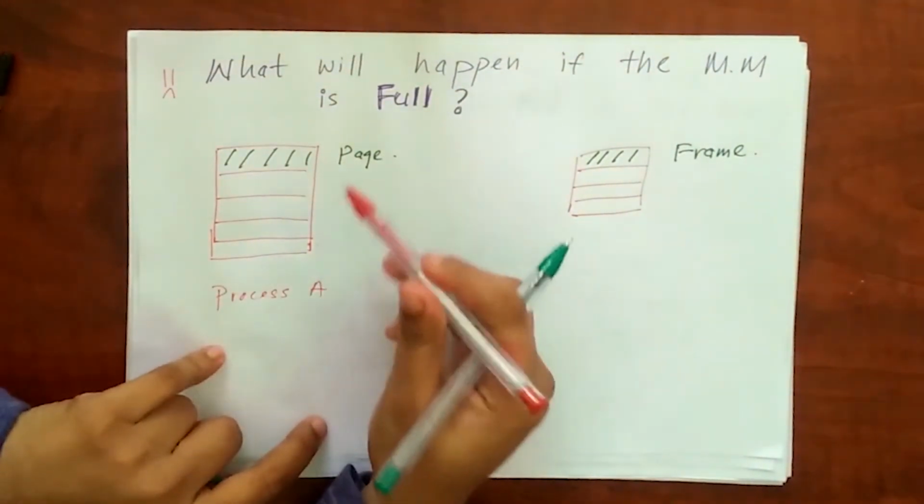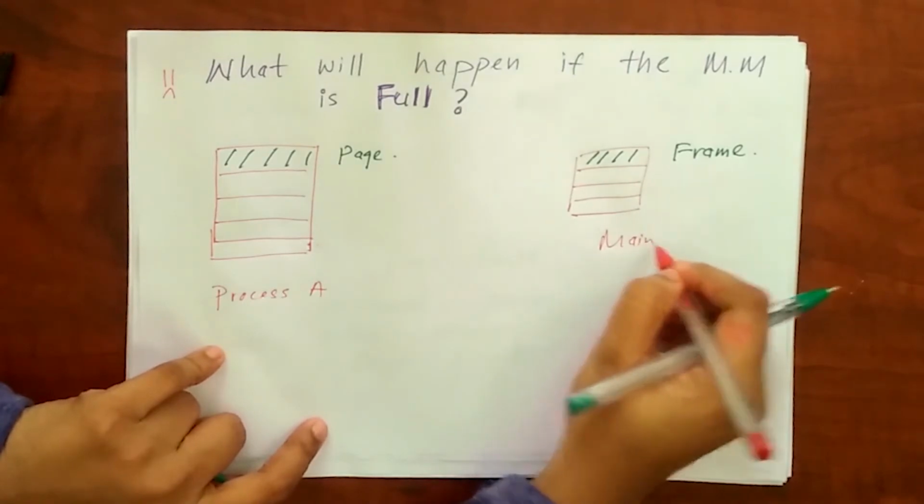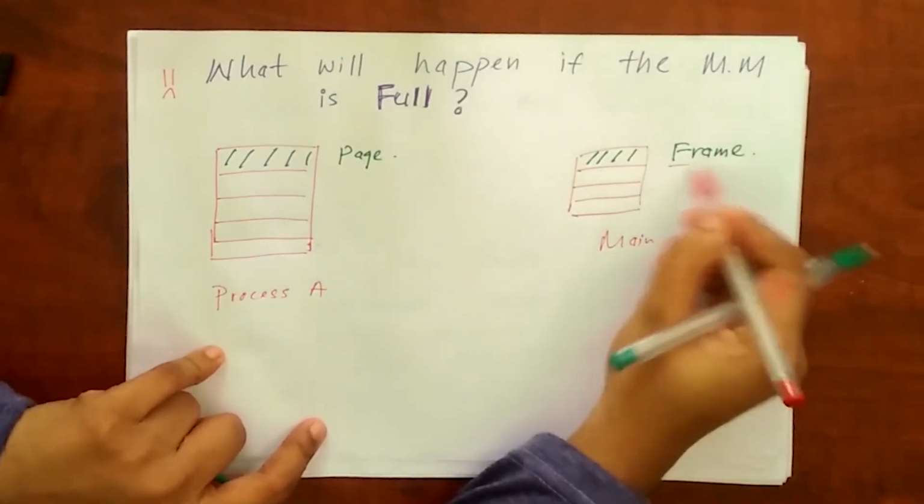In a process, it is a page, and in the main memory, it is a frame.